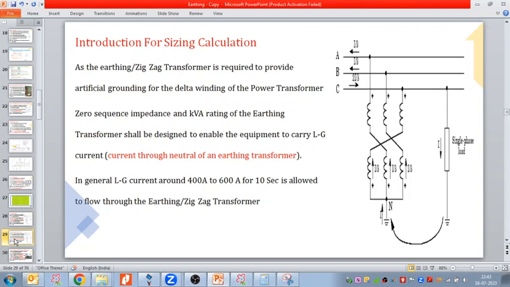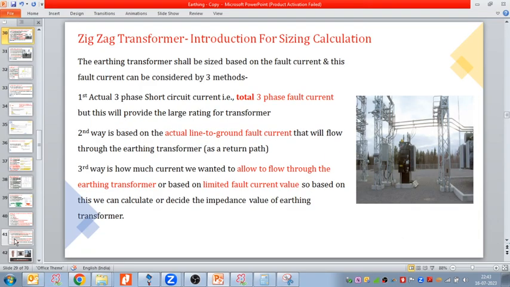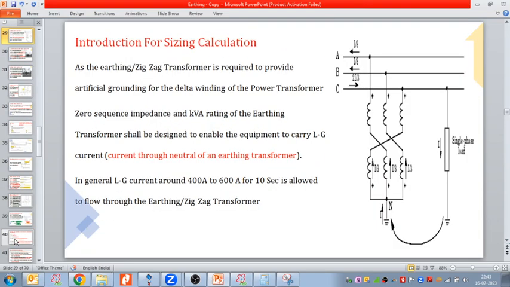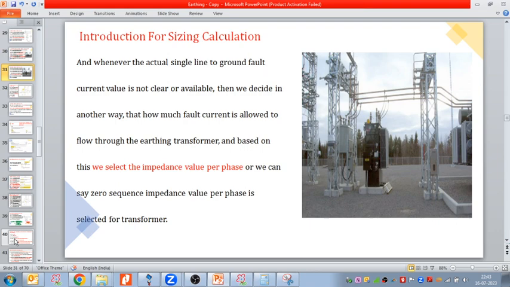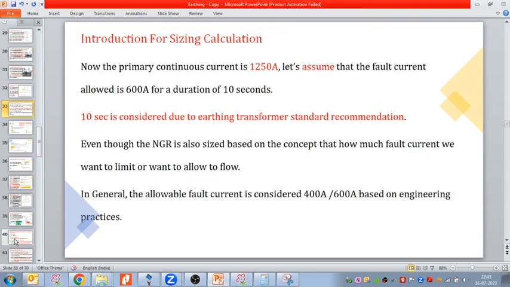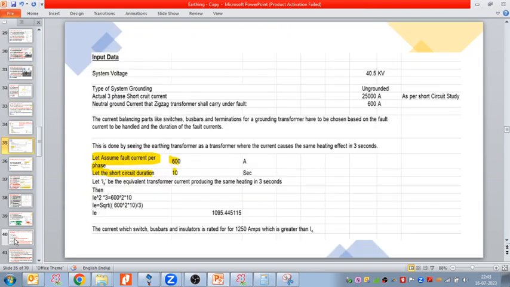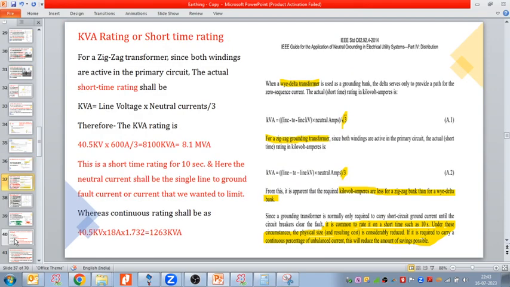So if we discuss the sizing calculations introduction, should we continue the calculations today for the zigzag transformer? Because it is going to take a long time, because a lot of steps we have to do. For the next session, next day. Okay, I can feel that there is a lot of technical stuff.